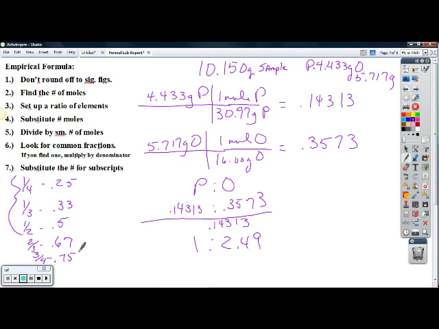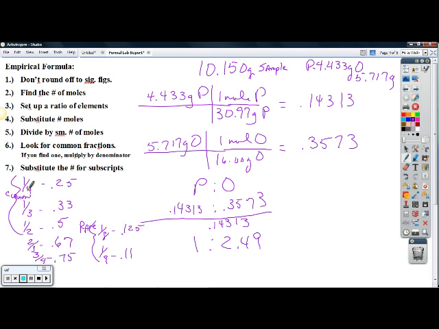And then the rare ones, rarely do you see these in high school, 1/8 is 0.125, and 1/9 is 0.11, so these are rare. These are common. Okay? So be aware, if it doesn't round off to a whole number, then you've got to look for a common fraction.